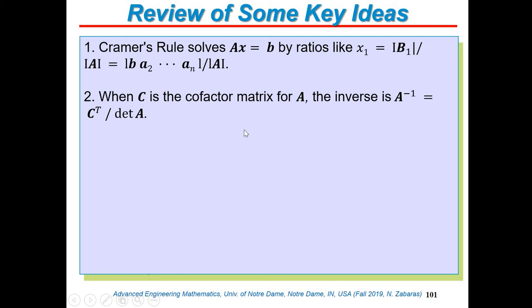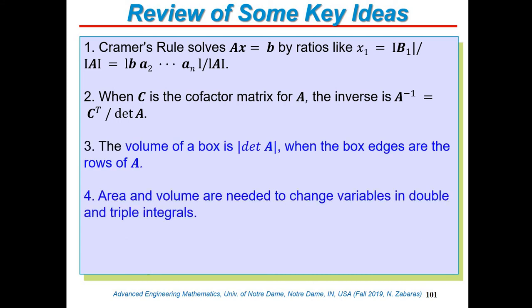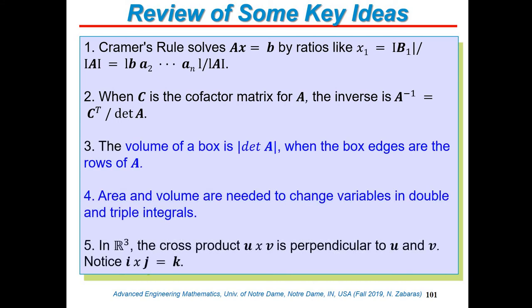We discussed volumes and areas as being determinants, and then we finished by talking about the vector product and the scalar cross product that we affiliated with volumes of parallelepipeds in 3 dimensions.